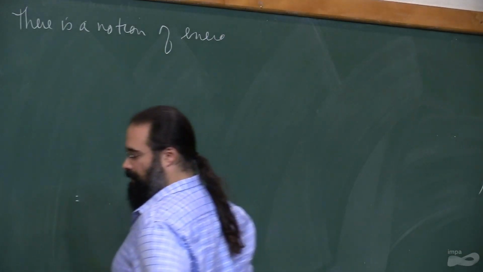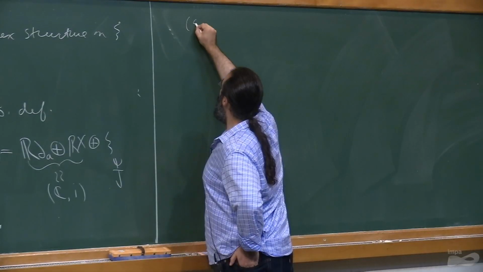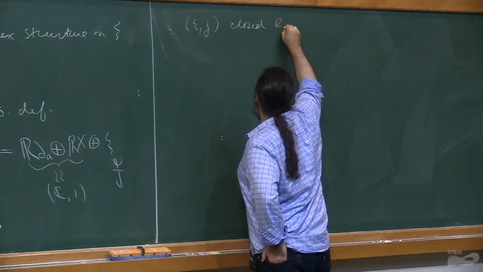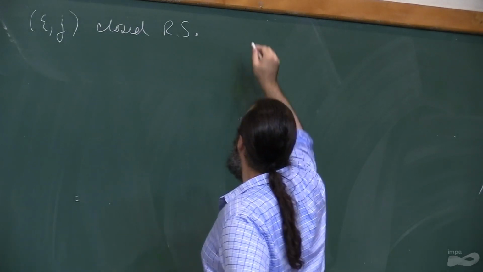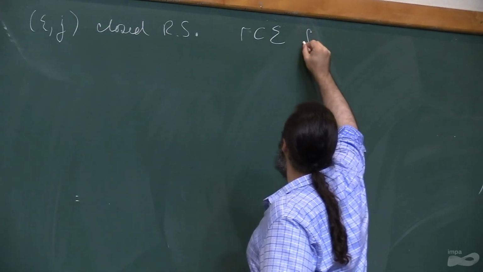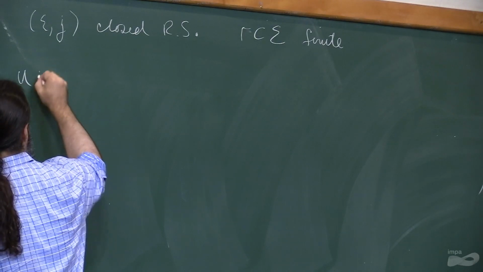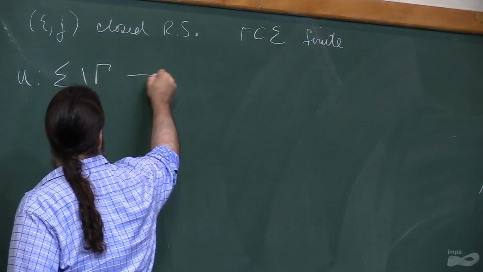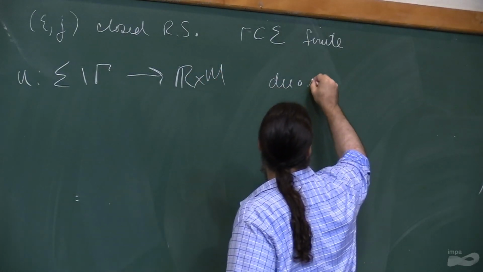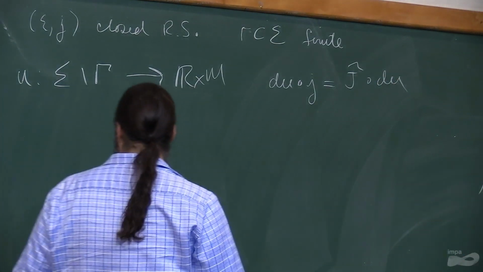I didn't talk about holomorphic curves yet, so we'll consider now, given this J, a closed Riemann surface and a finite set, gamma, and look at maps U from sigma minus gamma to R cross M that are holomorphic. And so there is a notion of energy.